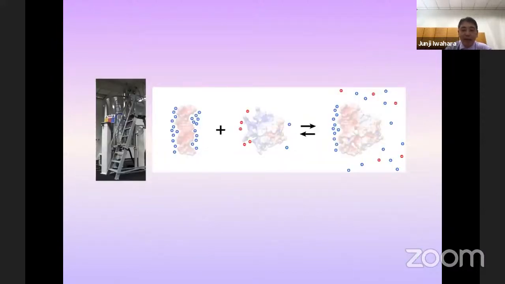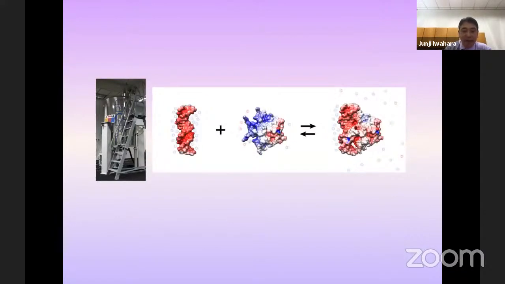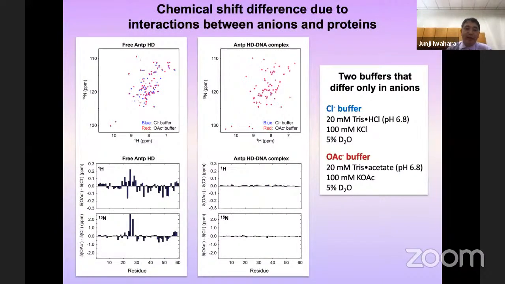Okay, now I'm going to talk about not ion NMR, but protein NMR. We can use protein NMR to study the interaction between anions and proteins. You might think that, for example, to study acetate protein interaction, you can just add acetate to your NMR sample.